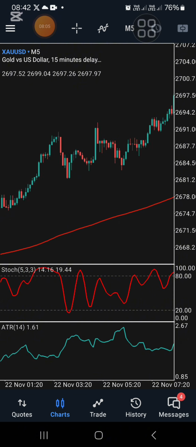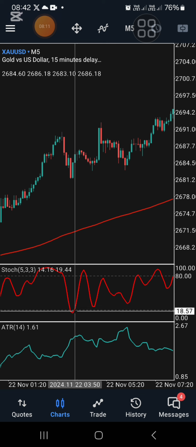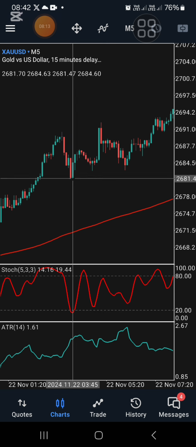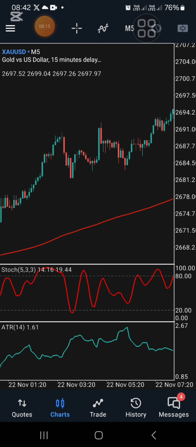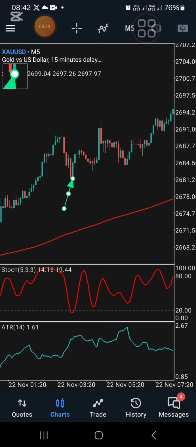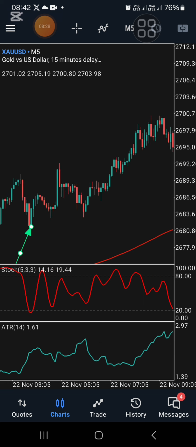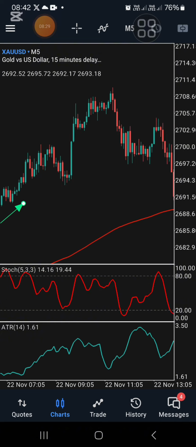Let's look at an example. At this particular level here, on our stochastic, it crossed above 20. We're going to get an entry around this level. With this strategy, in most cases, you're not going to get a drawdown. The moment that price crosses above the 20, you know that you'll be in that market for a very long time.